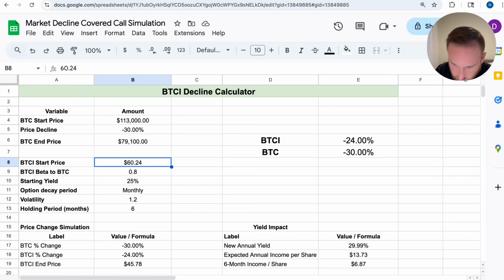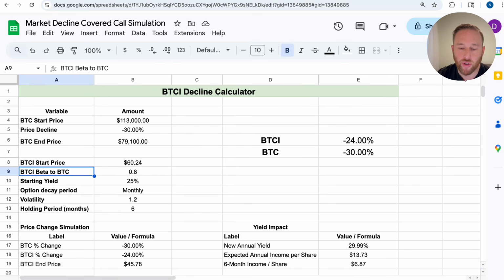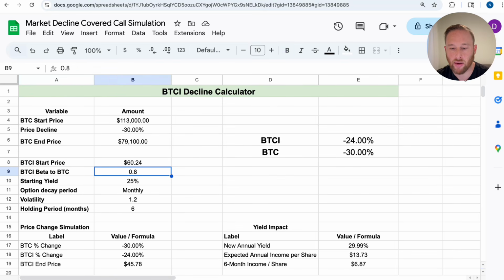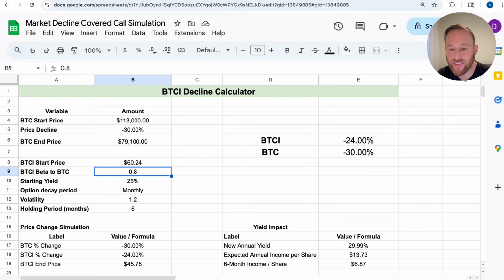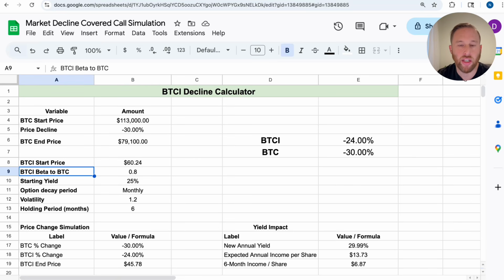All right. And so the first thing that we have to analyze and inject here is BTCI's correlation to BTC, which is effectively 80%. Now, you can look this up online. You can evaluate it. It requires a bit of calculations to come up with this beta. But effectively, it's about 80% correlated.